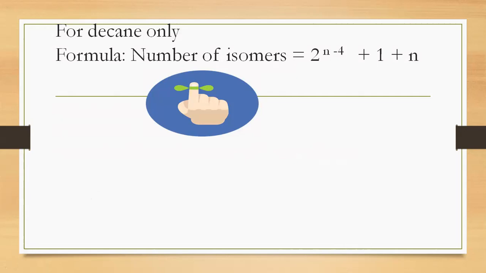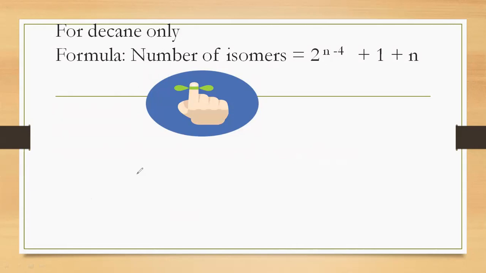Alternate method for the decane. Again, for the decane, the formula says number of possible isomers is equal to 2 to the power n minus 4 plus 1 plus n, where n is the number of carbon.